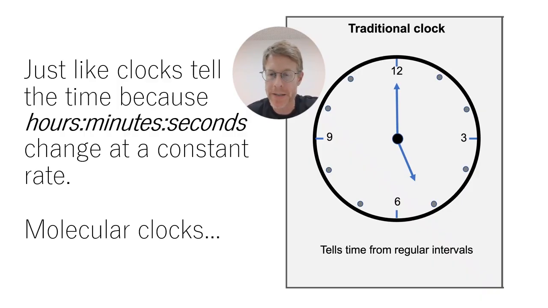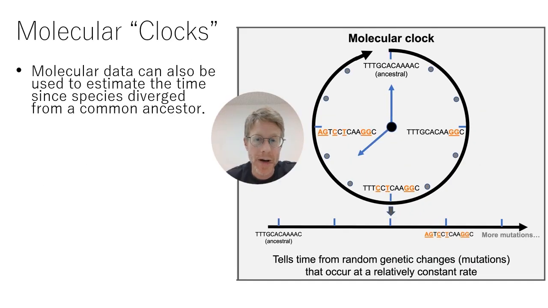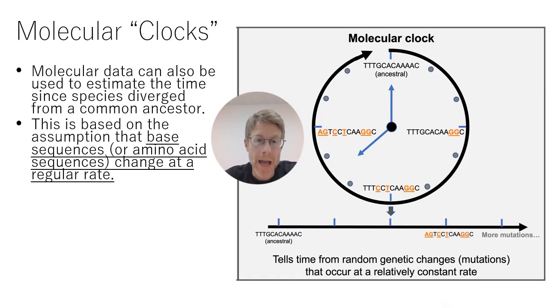Molecular clocks are based on the same assumption, but instead of looking at hours, minutes, and seconds, we're looking at genetic differences between organisms that are here today. And we're assuming that the more differences, the longer ago the common ancestor was. That's based on the assumption that changes occur at a relatively constant rate.